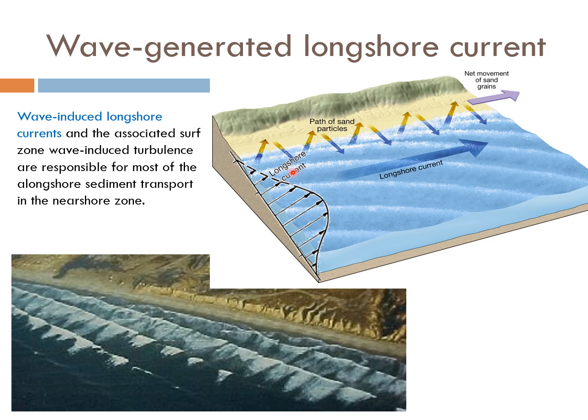As a result of that, there is a net drift in the direction of the longshore current, whereby sediment which is carried onto the beach is washed down in the down coast direction, and this process keeps repeating itself, causing a net sediment movement in the longshore current direction.